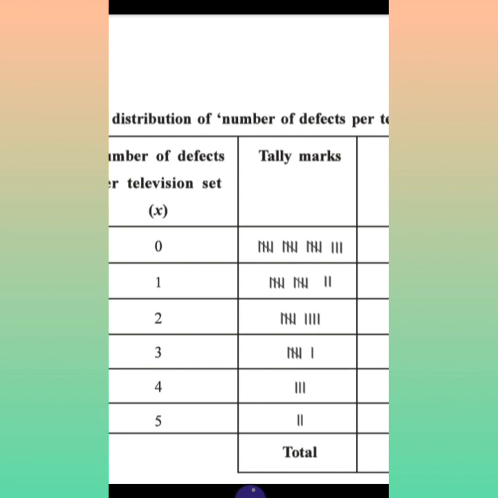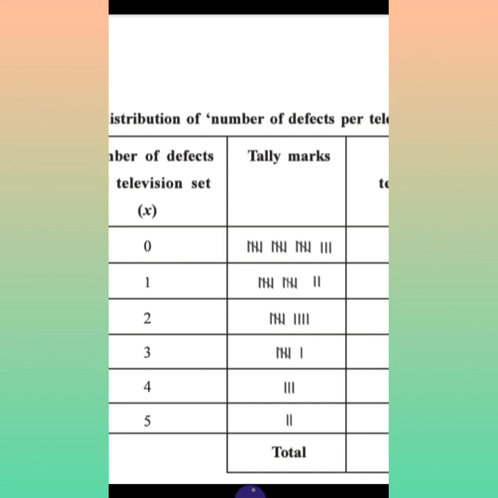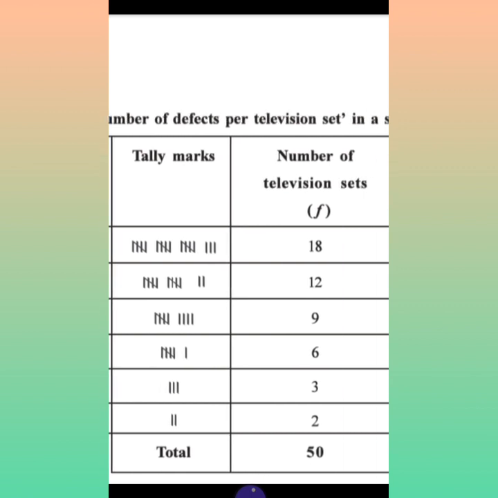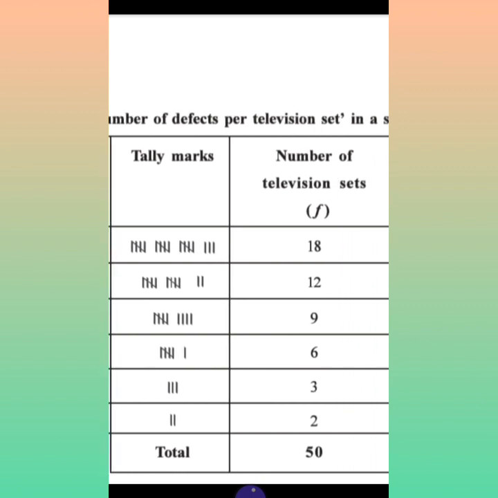You make groups of 5 till you complete those 50 defects. So these are the tally marks, put in groups of 5. Then you count them and that gives you the frequency, that is the number of television sets.